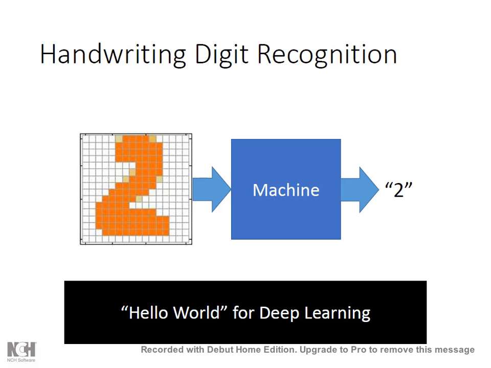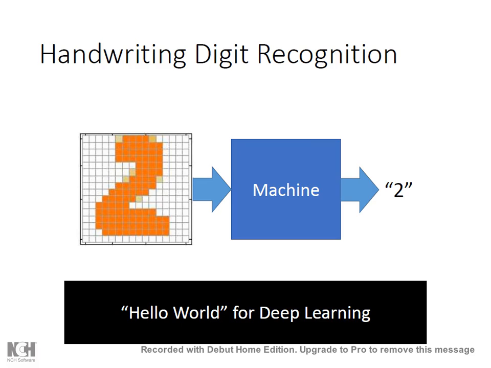Gray level image means for each pixel, we record the value of its brightness, from 0 to 255. We record each value to represent the brightness of each pixel. Then we give you the image, and we hope the machine, with artificial intelligence, can recognize this image.